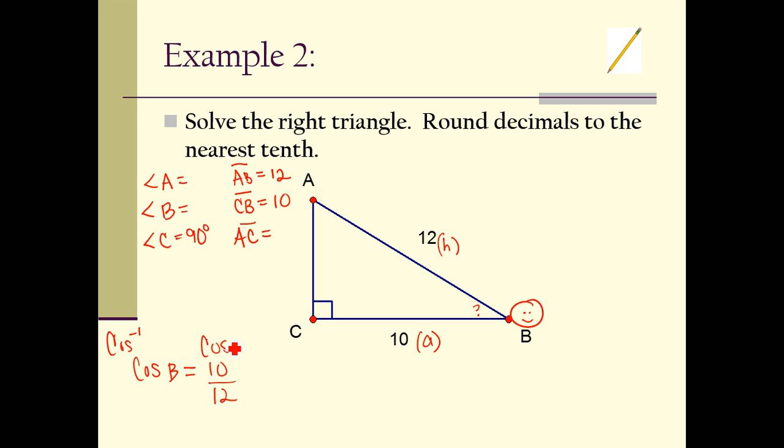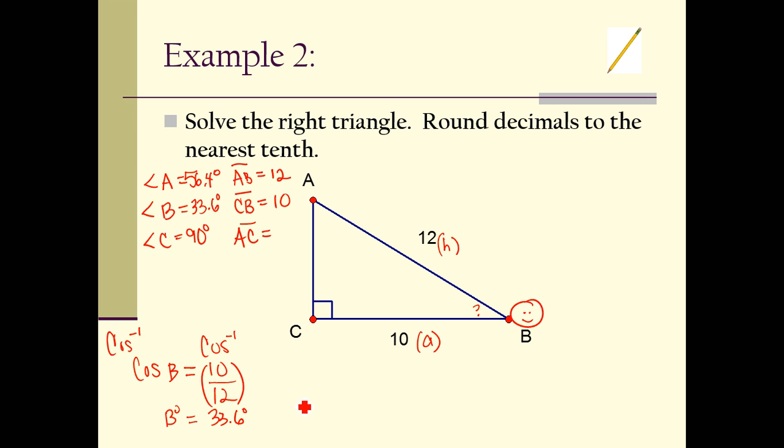So we'll put inverse cosine of 10 over 12 in our calculator, and we will get angle B is equal to 33.6 degrees, rounding to the nearest tenth. Now to find angle A, we could do 180 minus 33.6 minus 90, and that would give us 56.4 degrees.